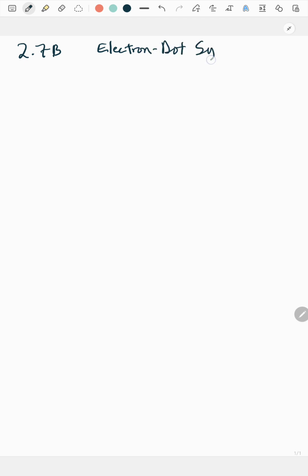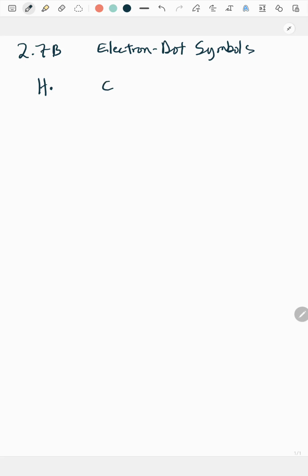Electron dot symbols are very useful for helping us keep track of how valence electrons are available or being used in chemical reactions. So we can start by simply indicating the number of valence electrons on an atom with dots. So hydrogen with its 1s1 valence electron has 1 dot.